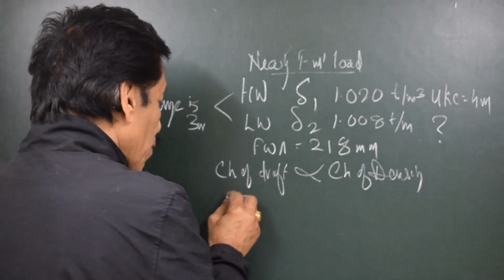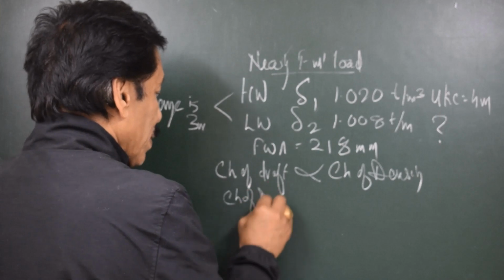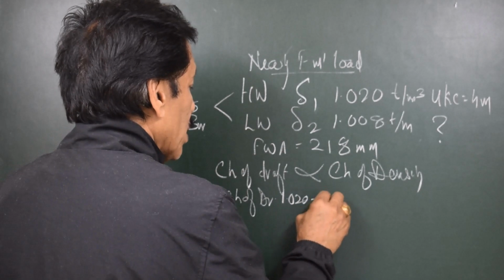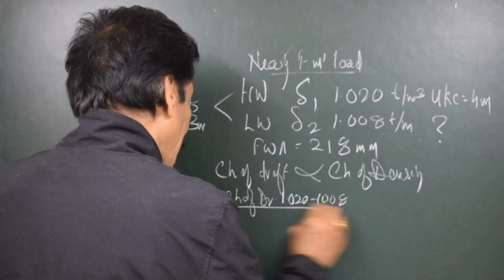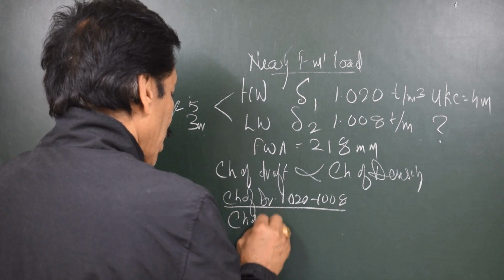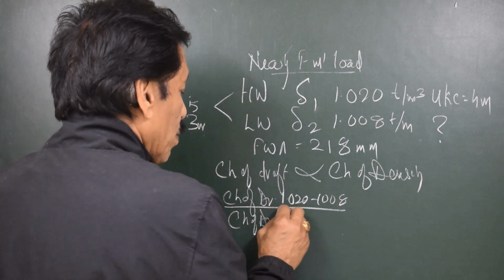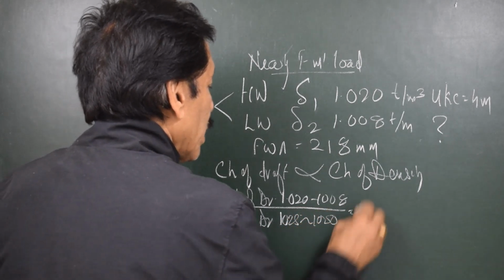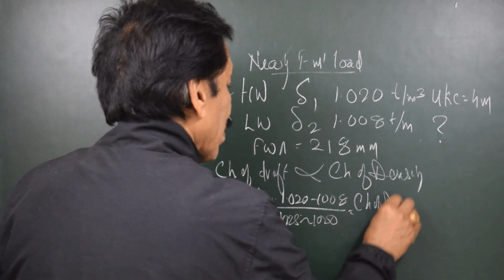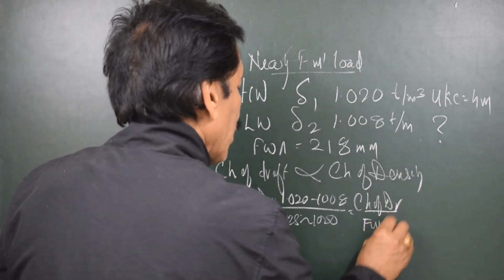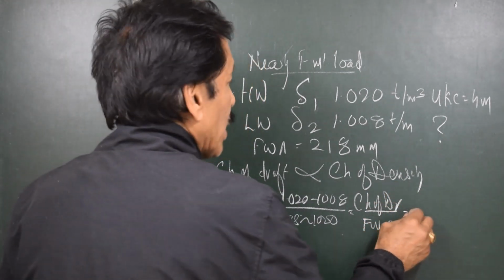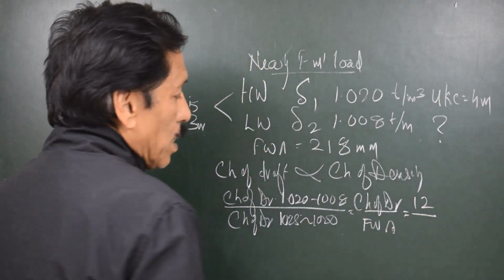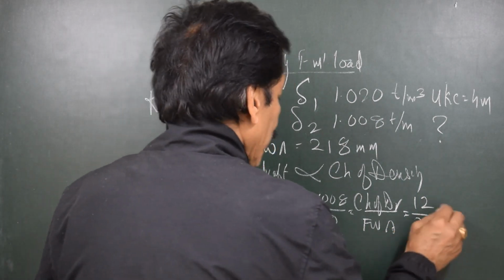So change of draft when the vessel goes from 1.020 to 1.008, divided by change of draft when the ship goes from 1.025 to 1.000, that means the change of draft divided by freshwater allowance should be equal to the change of density from here to here, which is 12, divided by the change of density from salt water to freshwater, which is 25.